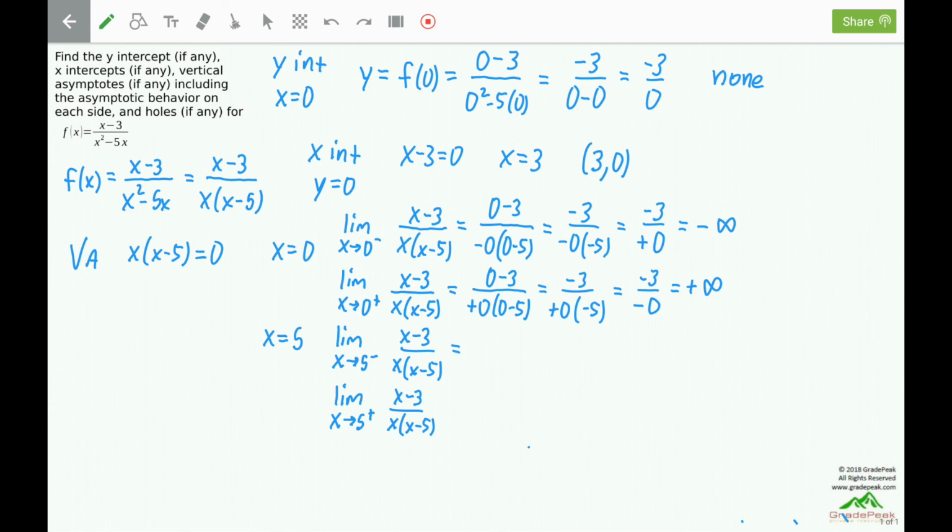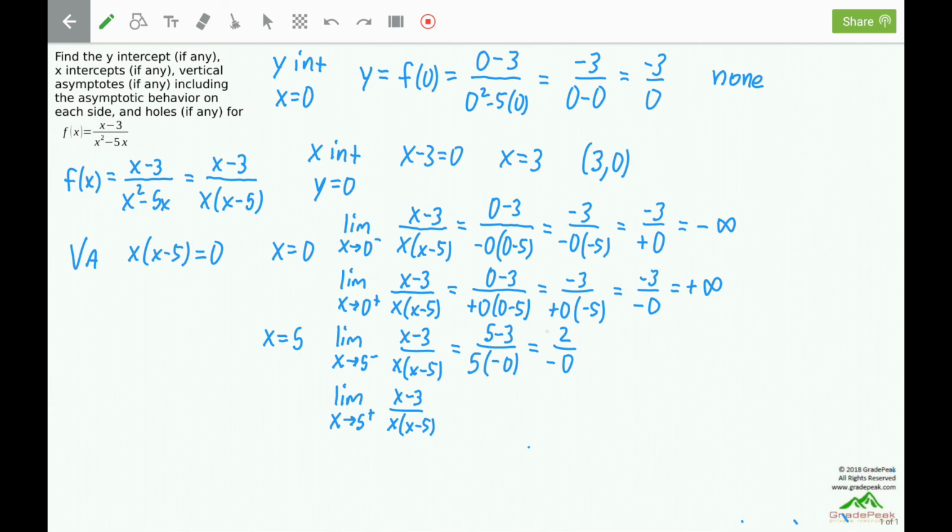The left side of 5 means less positive than 5, like 4.99. If plugged in for the factor in the denominator that's making the 0, which is the x minus 5, 4.99 minus 5 is a negative number. It will be approaching 0, but it will stay negative. Let's replace x minus 5 with a negative 0. 5 can then plug in for all remaining x's, giving 5 minus 3 divided by 5 times x minus 5, which is a negative 0. 5 minus 3 is a 2, divided by 5 times a negative 0, which will be a negative 0.